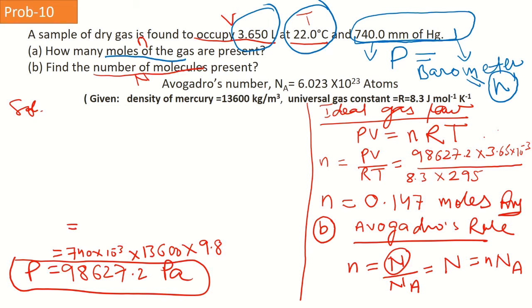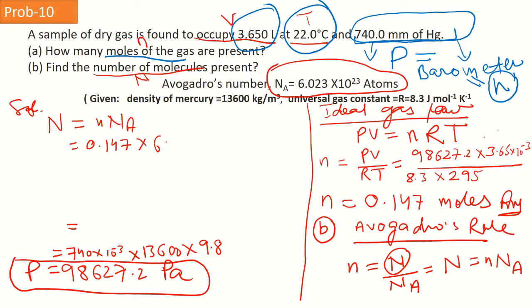So here is the remaining part of part B, the total number of molecules. You use the formula N equals n into Na, where n is 0.147 moles, and the value of Na is given here: 6.023 into 10 to the power 23.